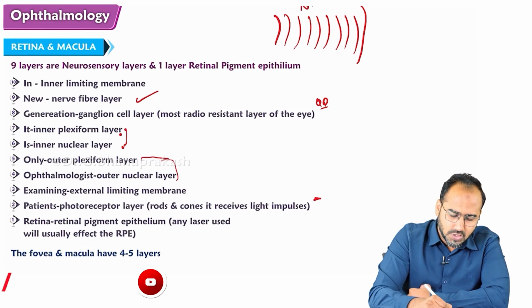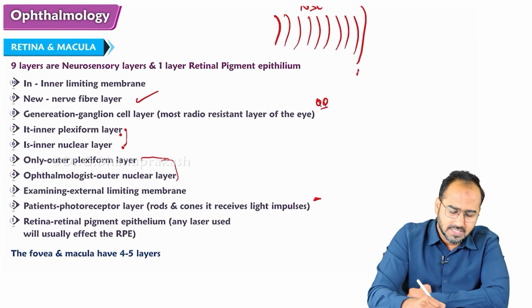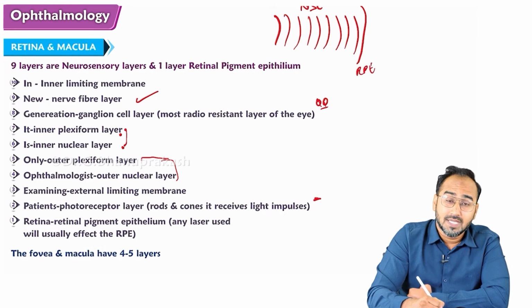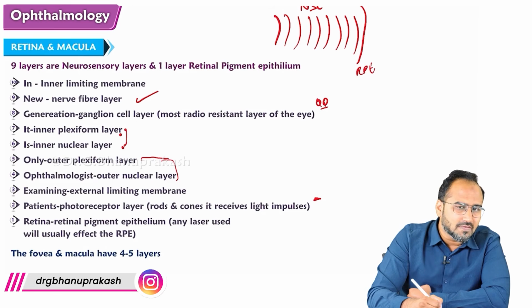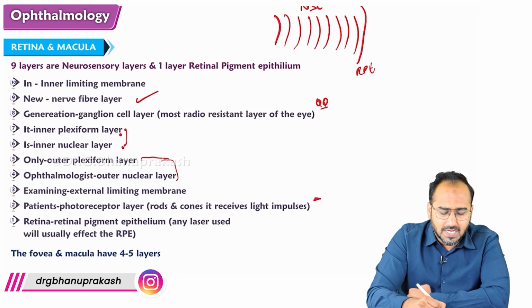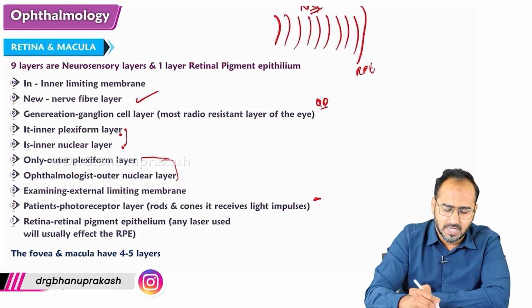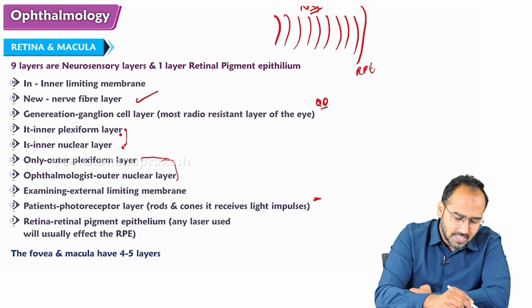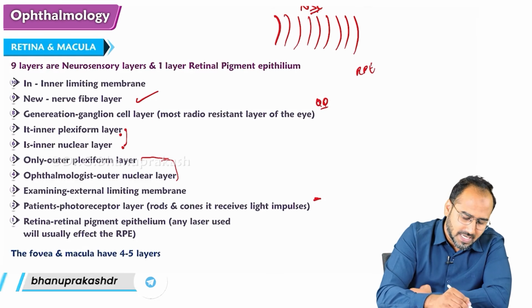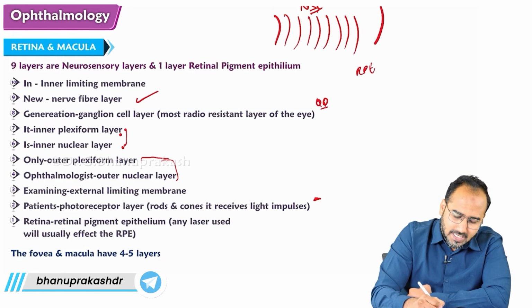The first 9 are the neurosensory layers, and the last is the retinal pigmentary epithelium. Retinal detachment means what? The detachment between the neurosensory layer and the retinal pigmentary epithelium, right? When there is a detachment between the neurosensory layer and the retinal pigmentary epithelium, that is called retinal detachment.